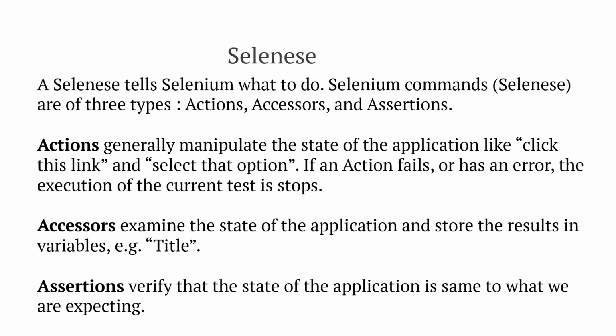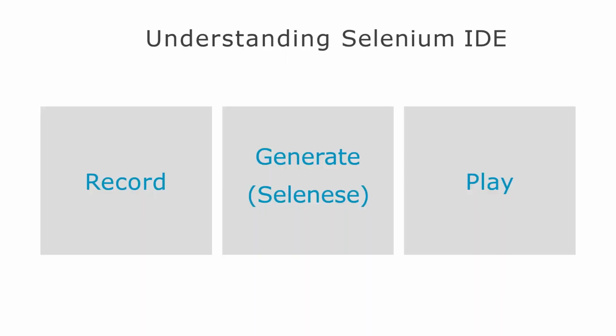Generally you have three kinds of commands in the Selenium code: actions, accessors, and assertions. Three types of commands you will see in Selenium. That means when you go to any website and start browsing and testing, website means web application.